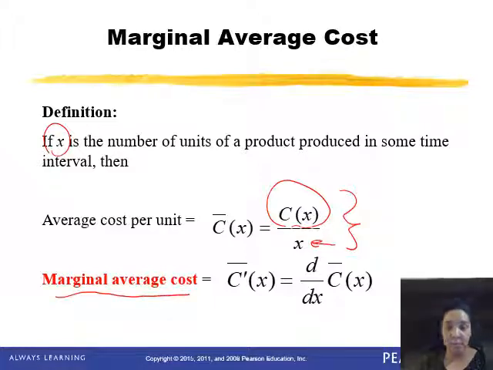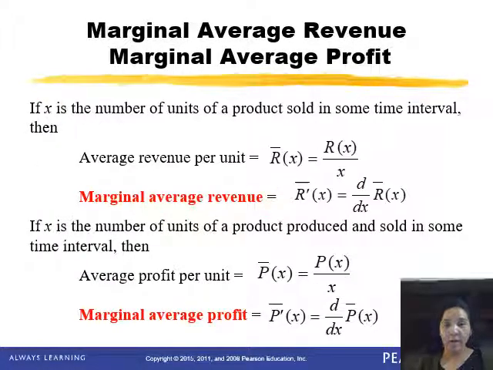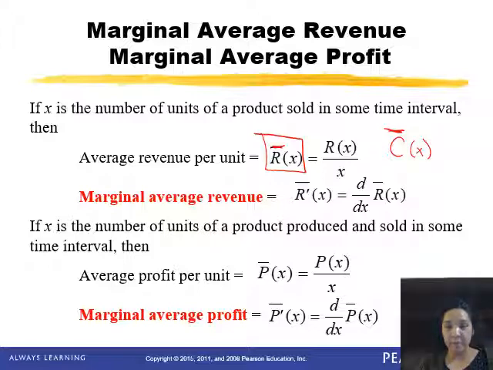So again, some more definitions. There's the marginal revenue per unit. So notice that the average revenue per unit is indicated by this line, and the previous average cost is also indicated by this bar over the function. And so the marginal average revenue is the derivative of your average revenue function.